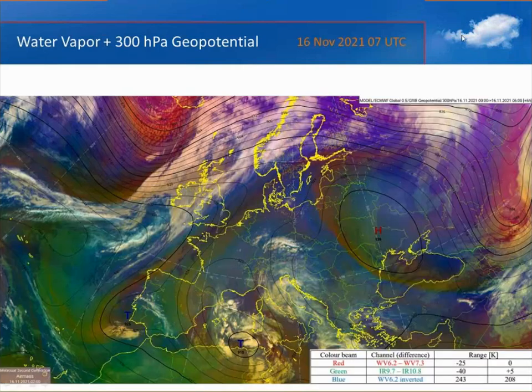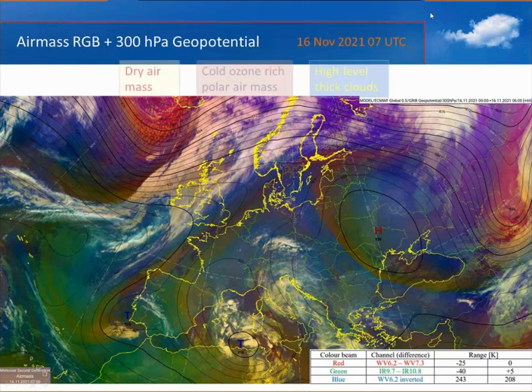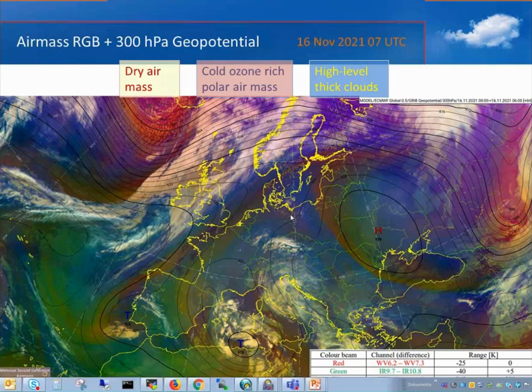And because we have talked about it, and I also have seen the suggestion of the airmass RGB, here is the airmass RGB, and here I would like you to point out dry air mass. And again, take a pencil, not a real one, please.